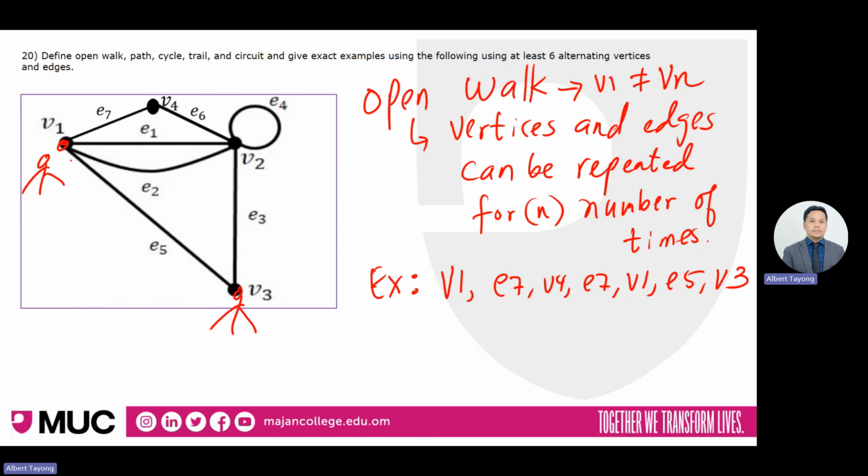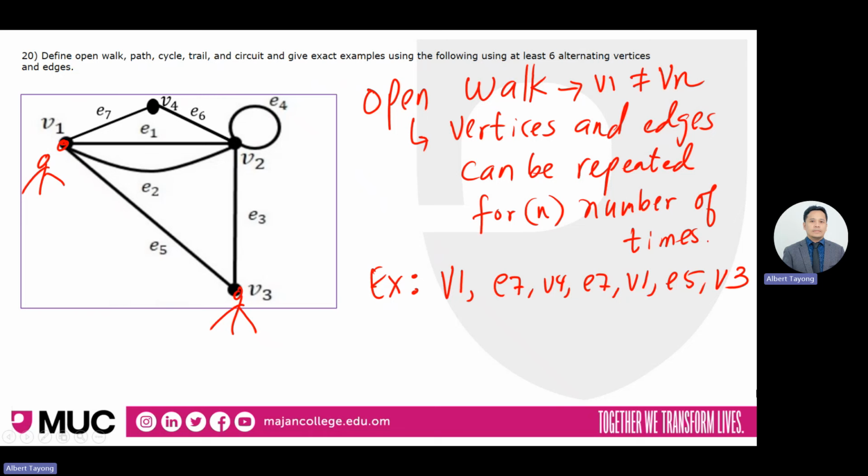I did not come back there. And I repeated E7, and I repeated V1. Okay, so I hope that's clear. That's an open walk. You can make the definition simple as long as it is understandable.